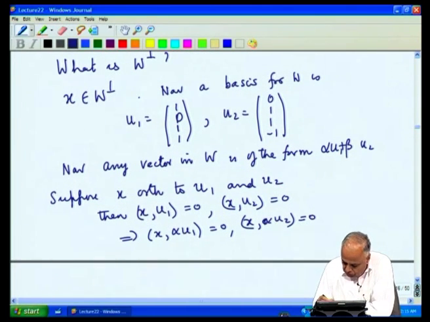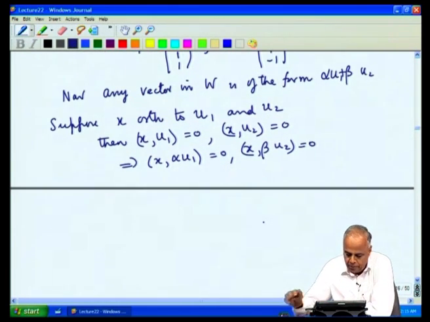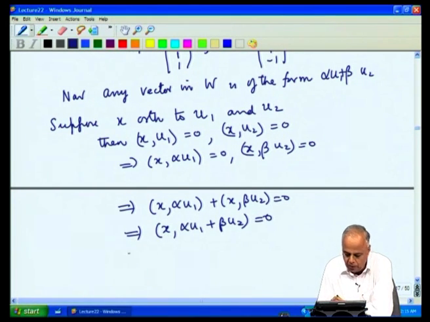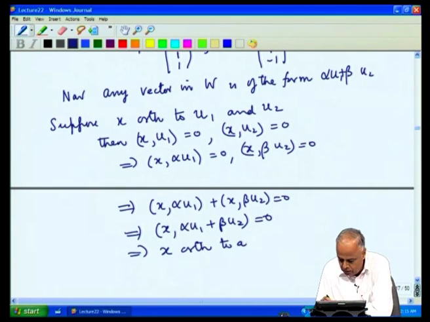We can take a different constant here, beta if you want, and then if we add both of them, x with alpha u1 plus x with beta u2 equal to 0, and using the distributivity we get x with alpha u1 plus beta u2 equal to 0, which means x is orthogonal to all vectors in W.